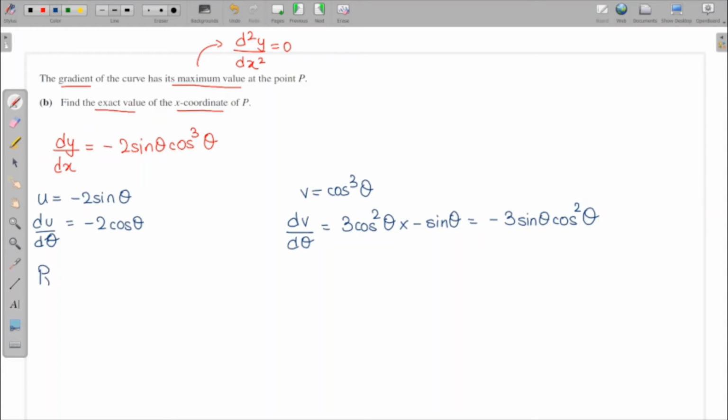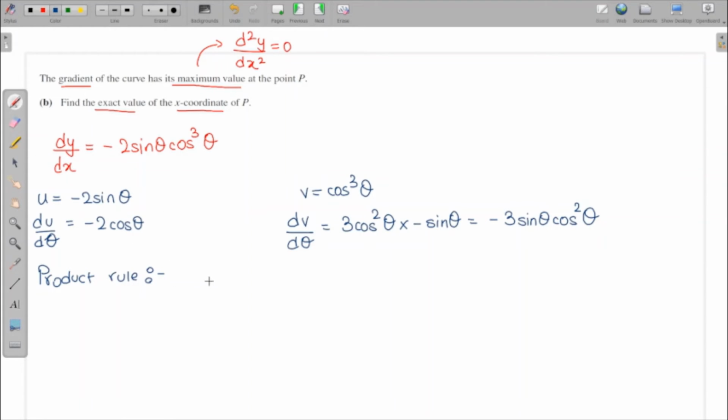And if we apply product rule, the formula again, for this one it will be u dv by d theta plus v du by d theta. So let's do that.